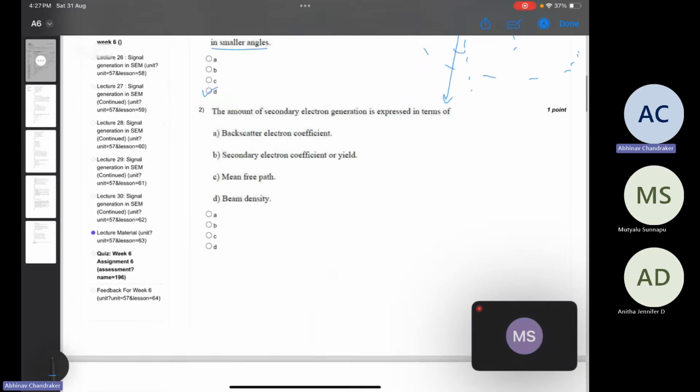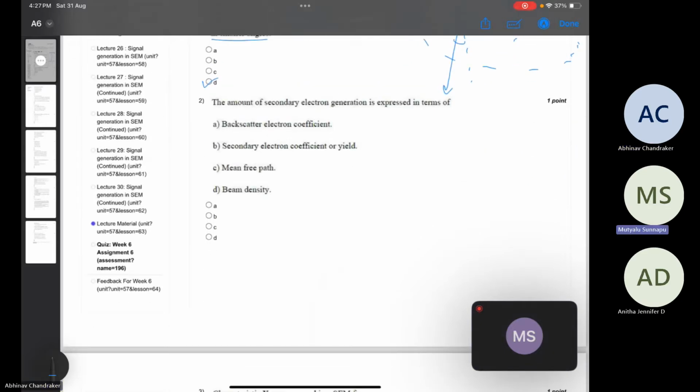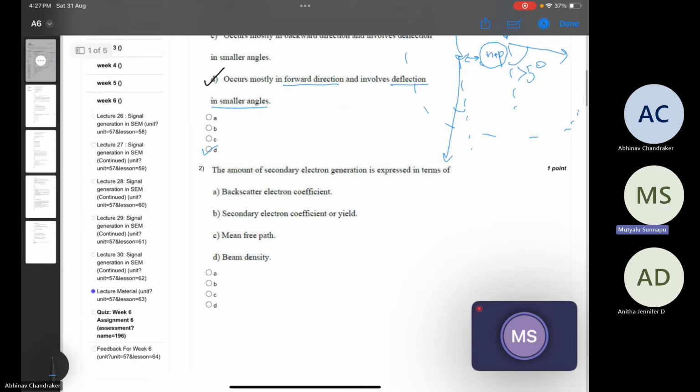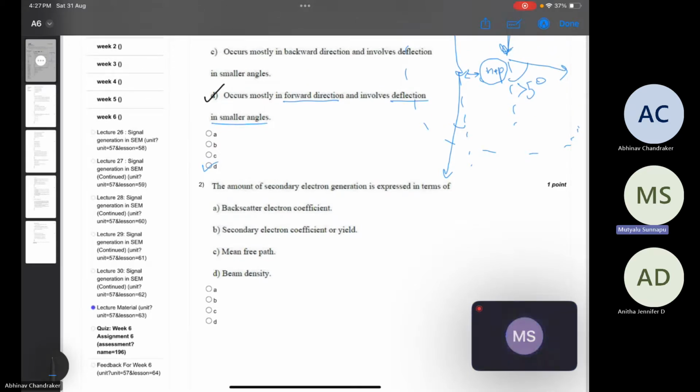Okay, let's go to the next question. The amount of secondary electron generation is expressed in terms of secondary electron coefficient. This is B, sir.